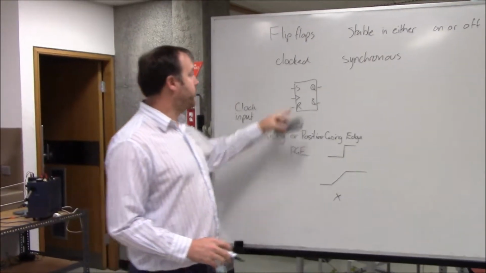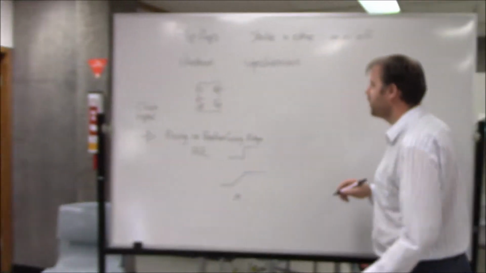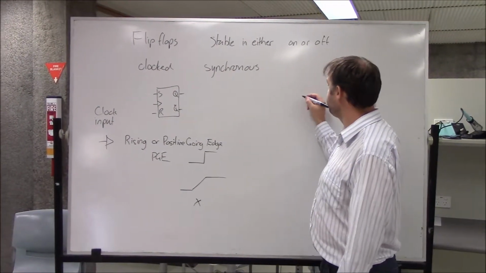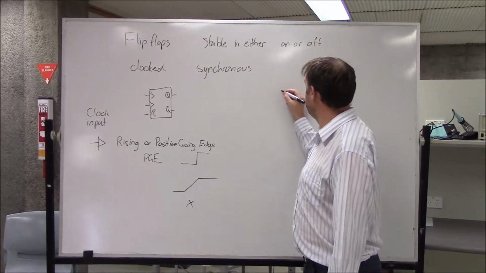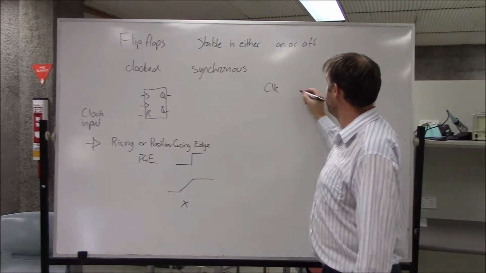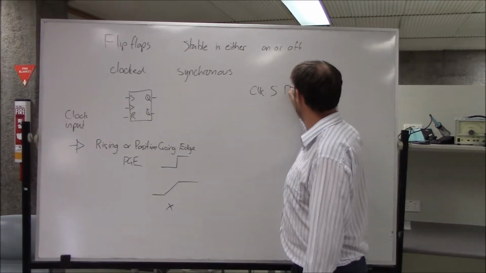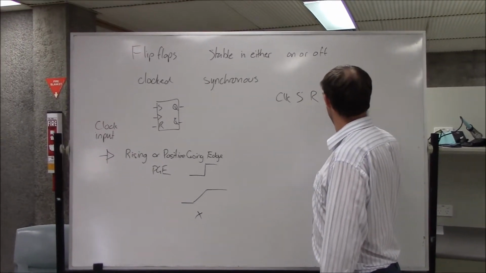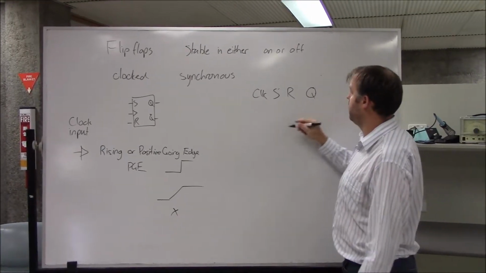So the truth table for this doesn't change, except if I add my clock pin to my truth table, and I'm only going to include Q now.